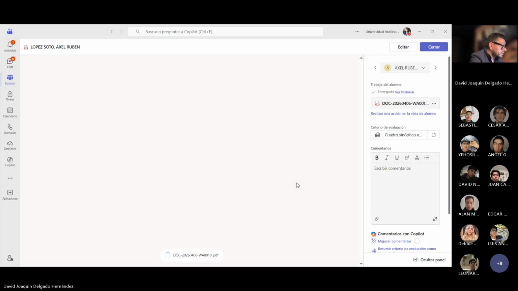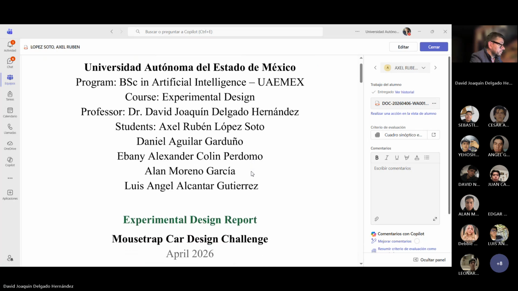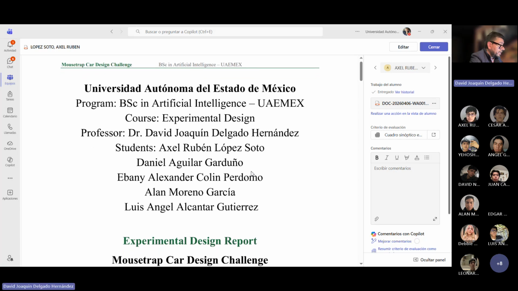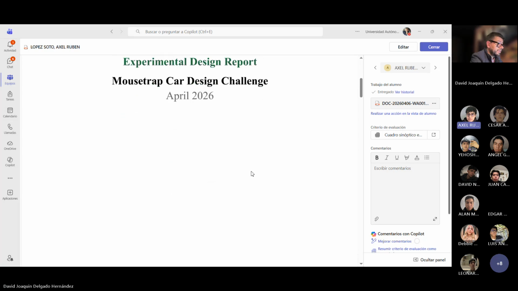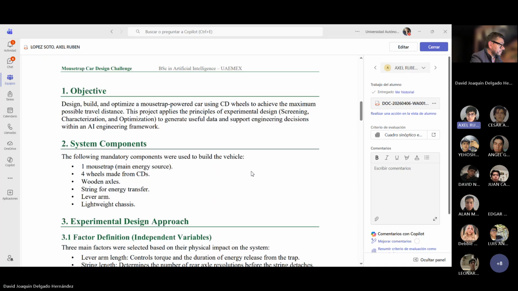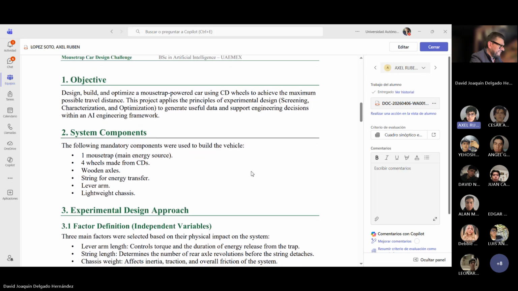Axel. Yes, teacher. Okay. Can you tell us about your experiment, please? Yes. Well, the results of our mousetrap car design. Our main objective was to design, build, and optimize a mousetrap car to travel the maximum distance.